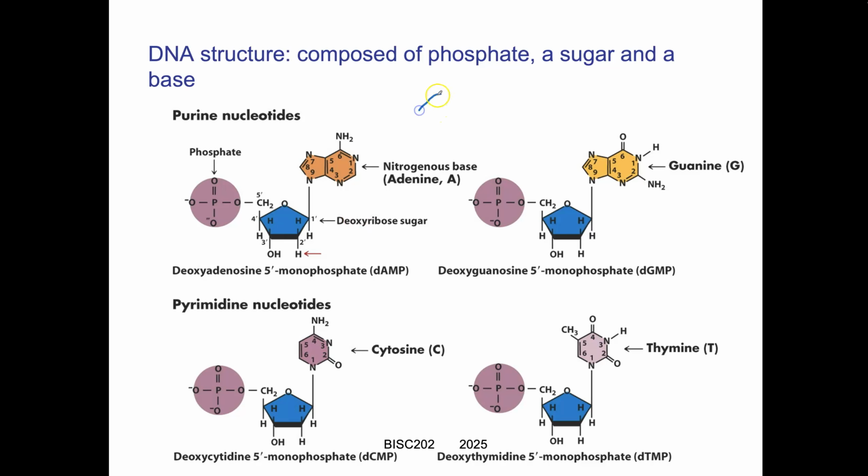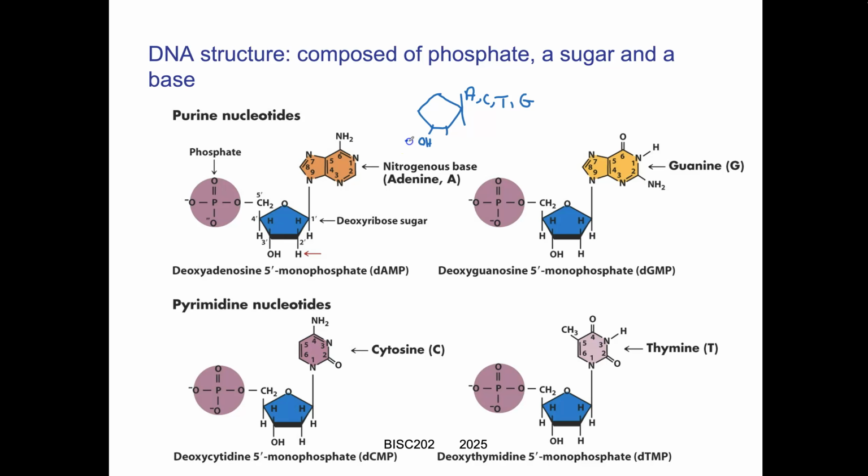But what I would like you to be able to draw is the ribose sugar, which is a pentagon, to be able to put the base A, C, T, or G on the 1' carbon, to be able to identify the 3' hydroxyl group.